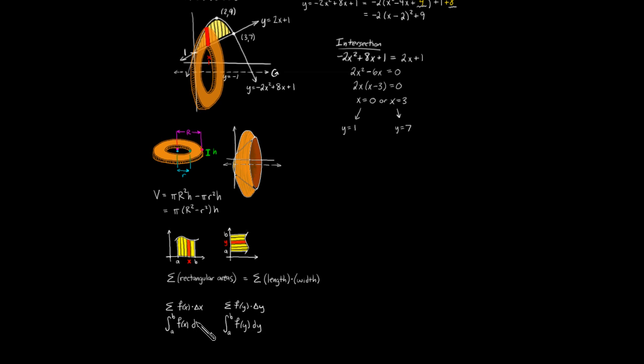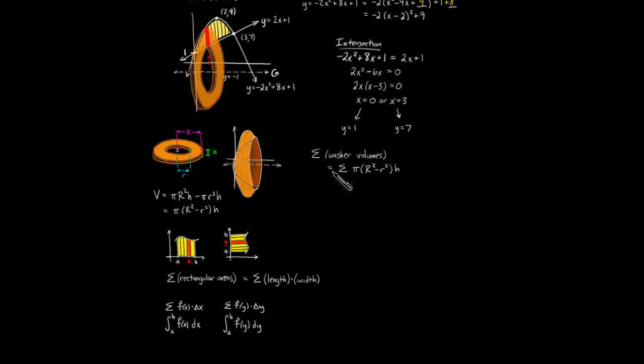The delta x changed into a tiny dx, and the delta y changed into a tiny dy. And again, we have the integral sign, the Latin s, replacing sigma, the Greek s, both of which suggest, of course, some sort of summing behavior.